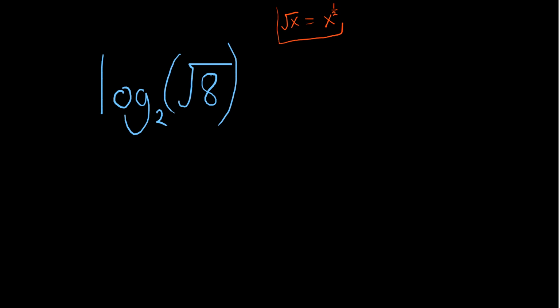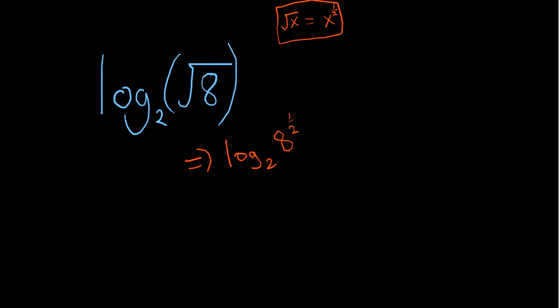So if you've got a radical, then mostly you'll be able to find a fraction exponent for that particular number. So in this case, this would be log base 2 of 8 to the 1/2 power.